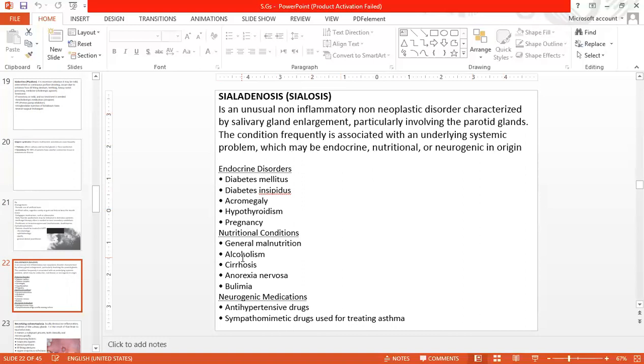For the nutritional, maybe due to alcoholism or cirrhosis. And for the neurogenic, maybe antihypertensive drugs or some of the sympathomimetic drugs used in treating asthma. This is called non-inflammatory enlargement of the salivary gland, and this is considered one of the indications of open biopsy from the parotid glands.